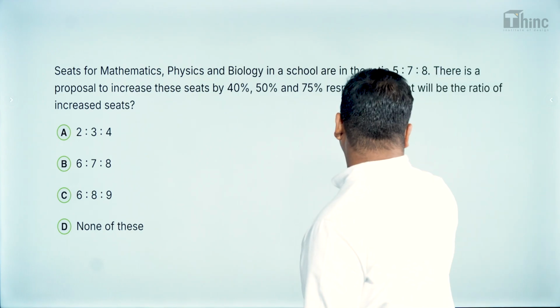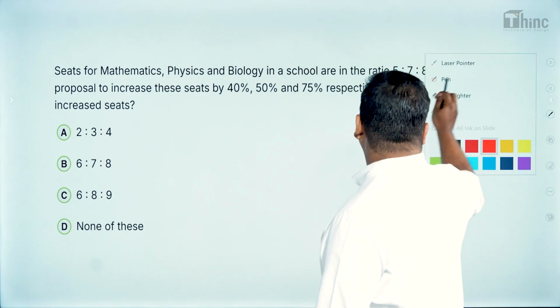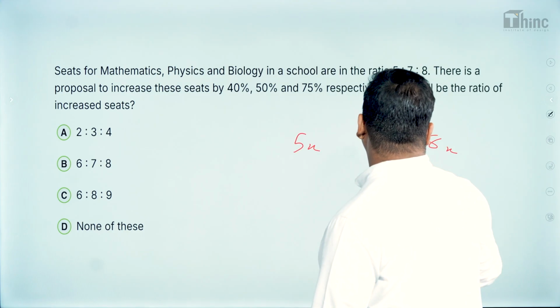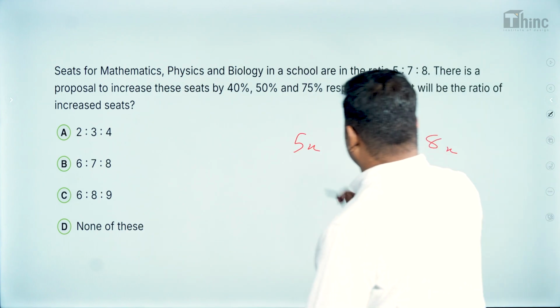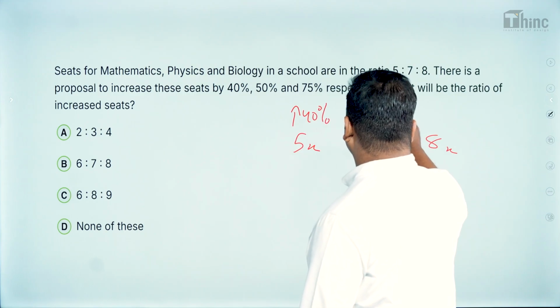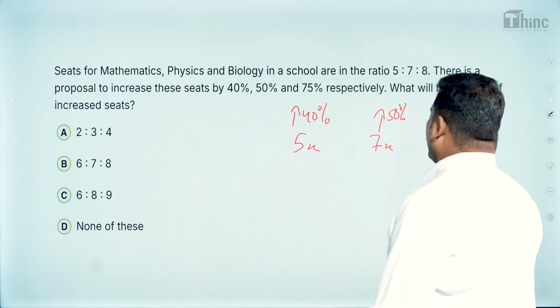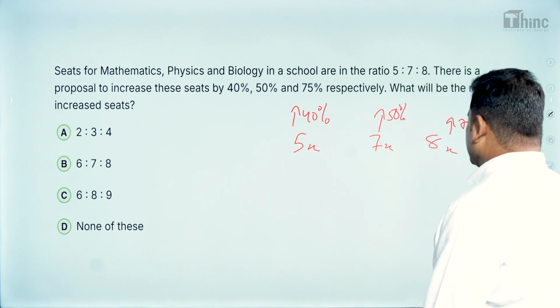So we can write the actual seats as 5x, 7x and 8x. And there is a proposal to increase the seats by 40%, 50% and 75%, right?